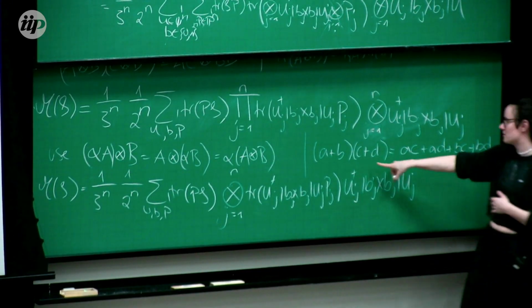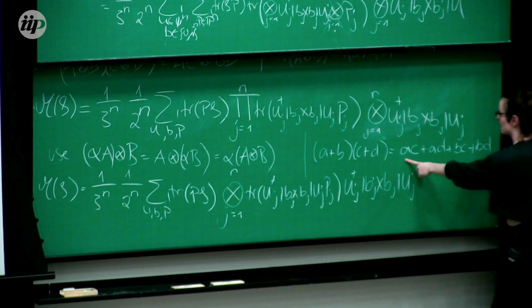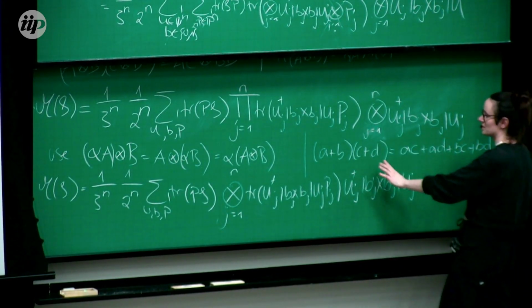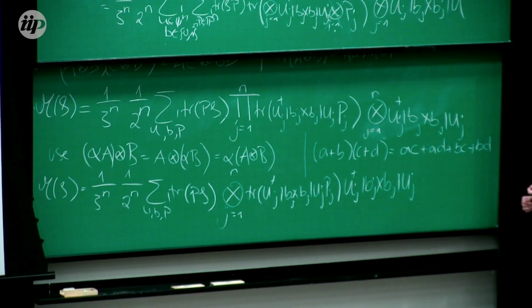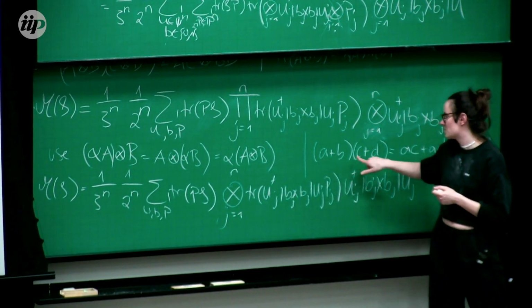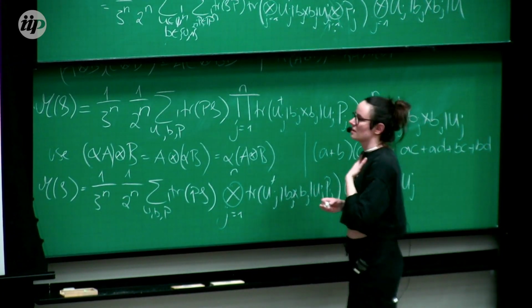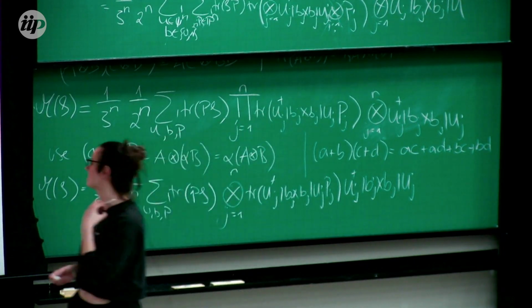Right now the sum is outside and we're summing over the products, but we can also pull it in and make sure that the sum is in the right space that it acts on.